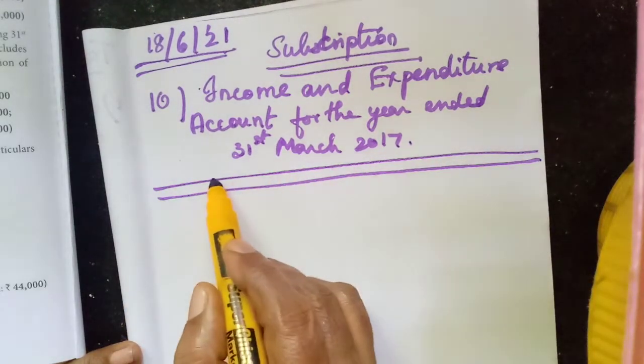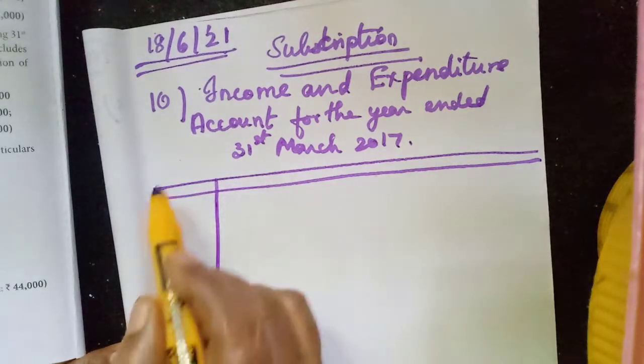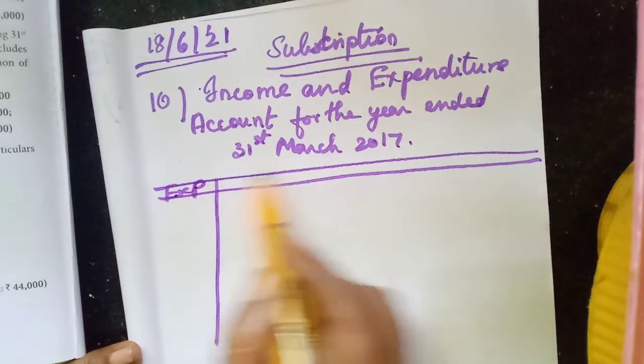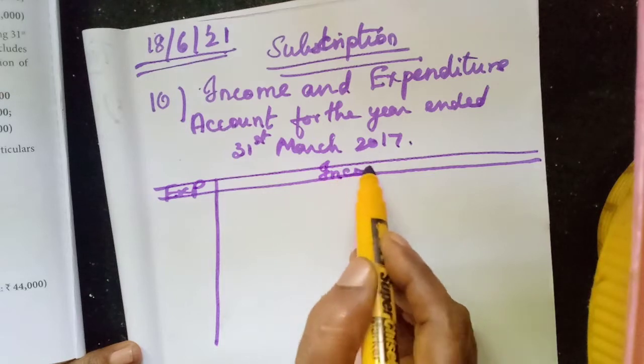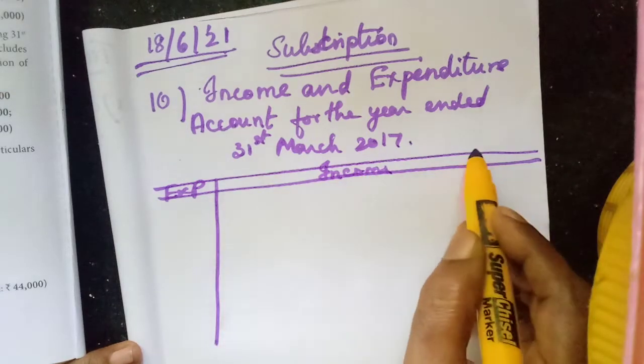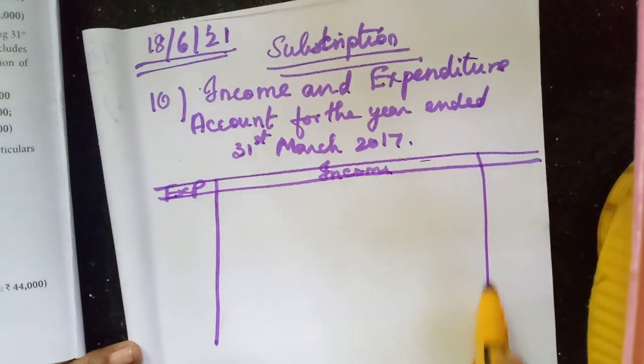Subscription on the credit side, so there only we have to take more. Here expenditure, here income. Here two columns we have to write.